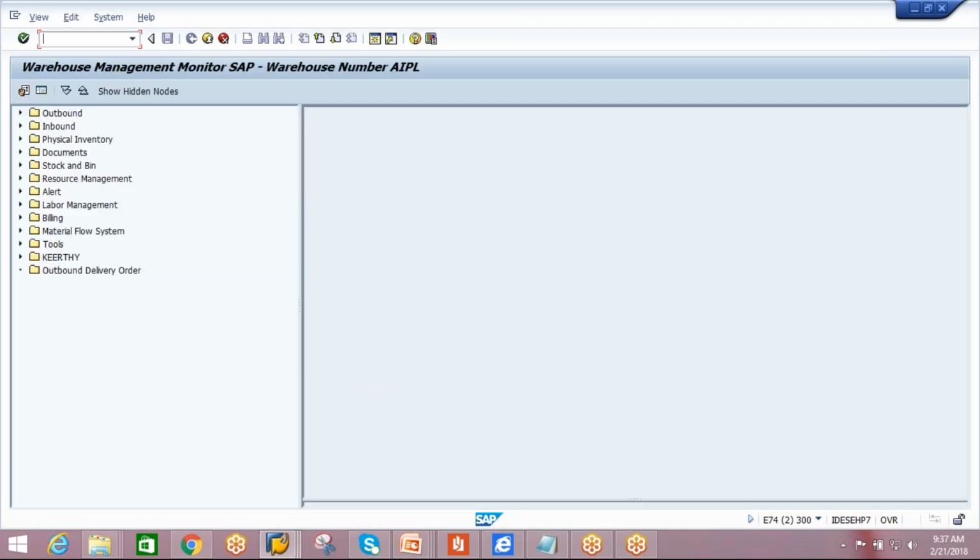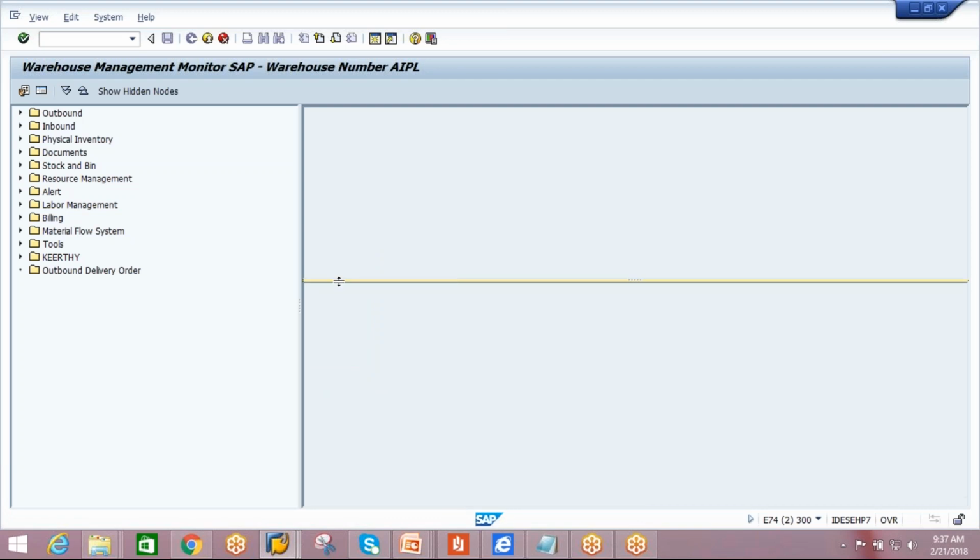Go to here. This is normally divided into three parts. The left side is the process-wise nodes.